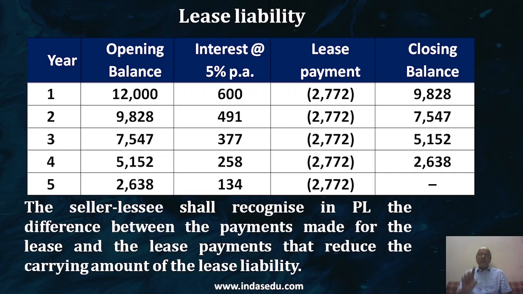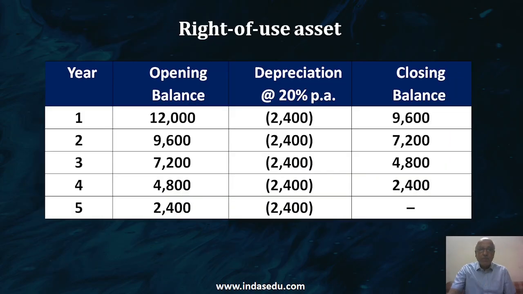I repeat, lease payment should reduce the lease liability. But any payment made above that should be taken as variable lease payment, which is not included in the measurement of the lease liability.